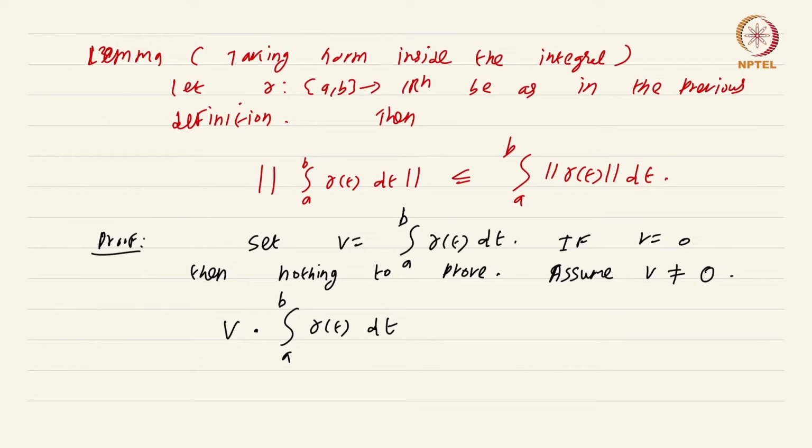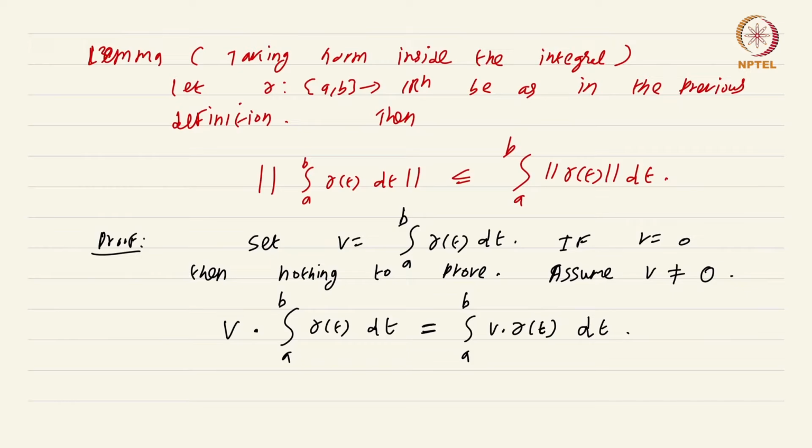Okay, and just by the way this integral is defined, which is component wise, and just by the way the dot product is defined, this equality, that v dot integral a to b gamma of t dt, is nothing but integral a to b v dot gamma of t dt. Okay, just check this. Just check that both sides are equal. This just follows directly from the definition of the dot product and the definition of the integral.